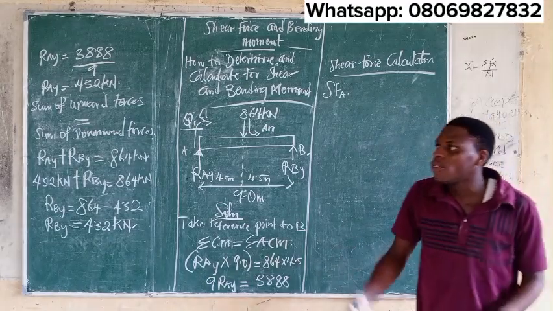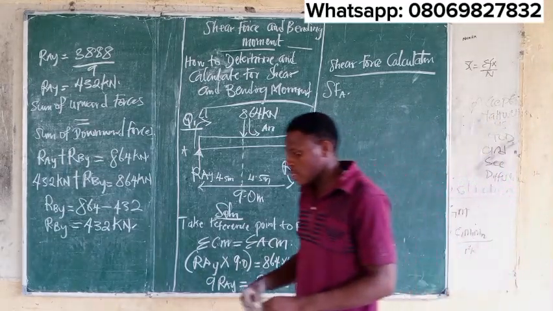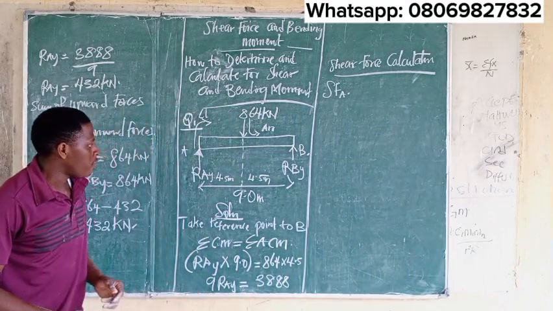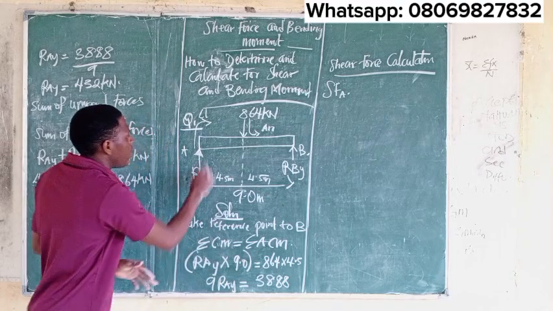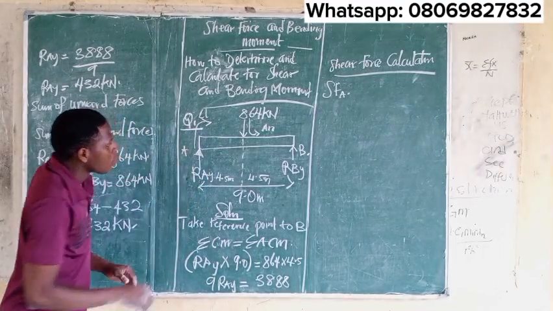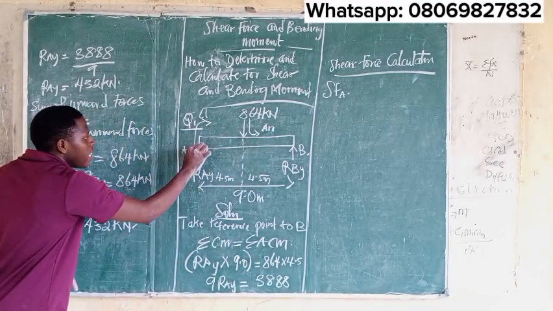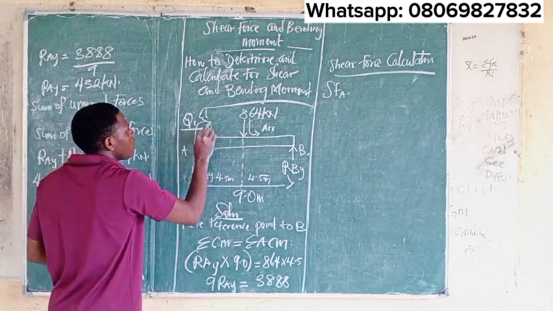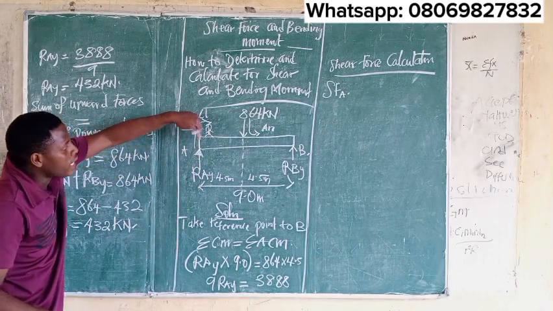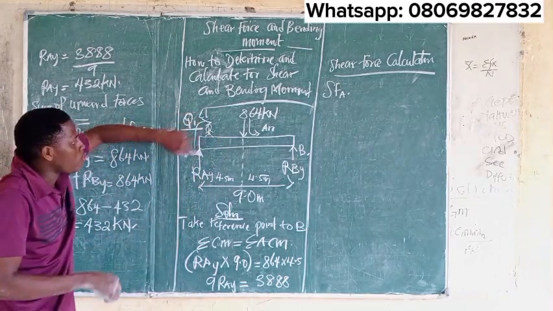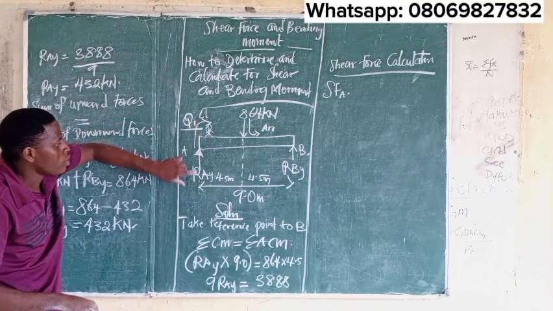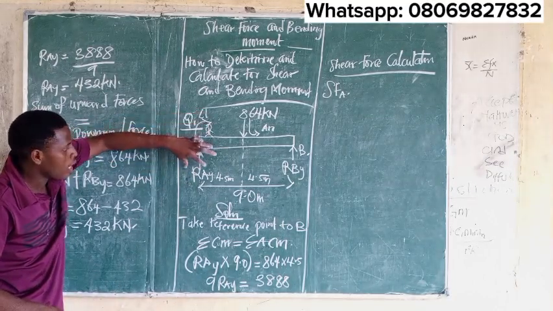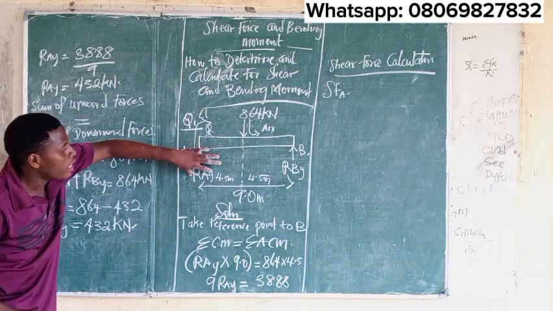Now, for you to get the shear force at point A, let's take this instance for more clarification. Let's say you are standing at point A. What is the force you are seeing at that point? It is RAY.